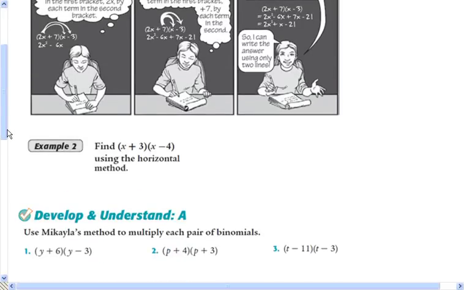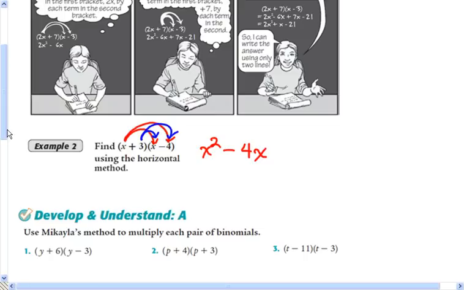So we're going to take the first term times each of the terms in the second binomial. So we're going to do x squared. And then x times, it's actually a minus 4, so minus 4x. Then we're going to take the second term in the first binomial, multiplied by each of the terms in the second binomial.